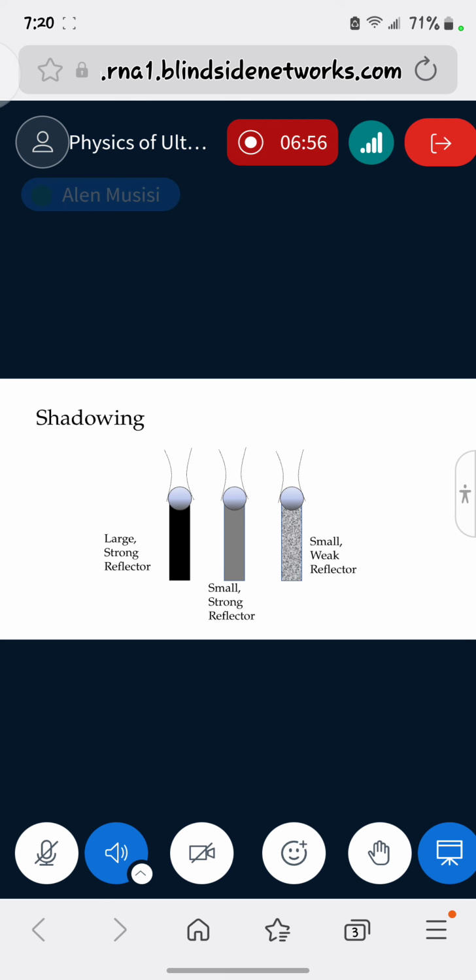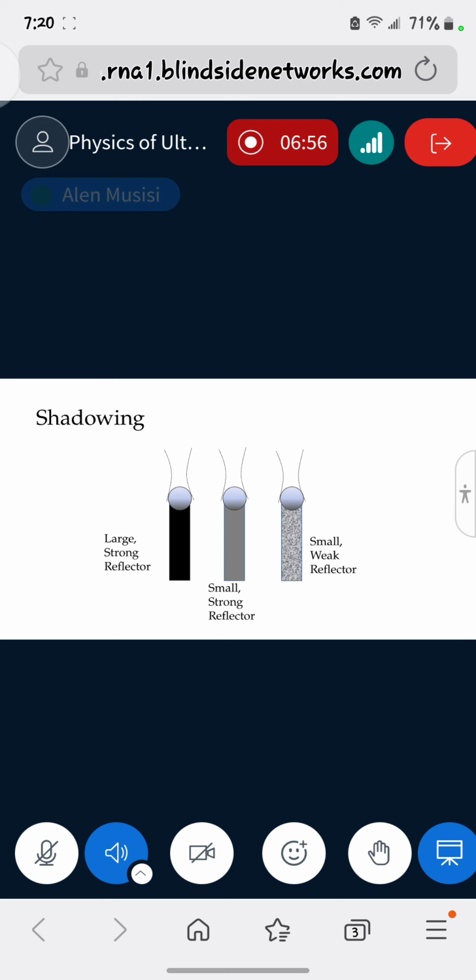Of course, sometimes it can be a problem, maybe when something is casting a shadow on the area of interest or on the tissue of interest, then the shadowing becomes a problem. But it is useful. For example, it can be used to assess stones, because without shadows, you can't see the stones in the bladders and maybe the kidneys.